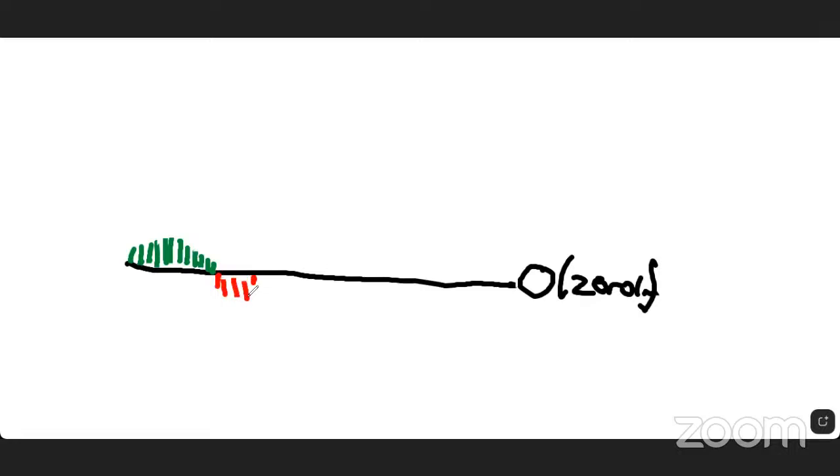Then after the red, you have the green bars. They start small and keep increasing, then I stop. Then the red bars come again, then the green bars come again.